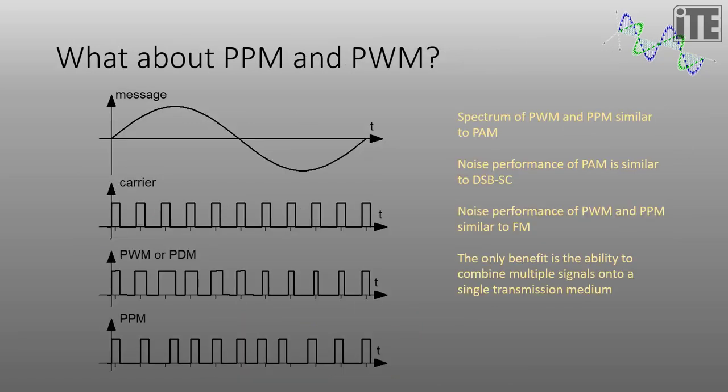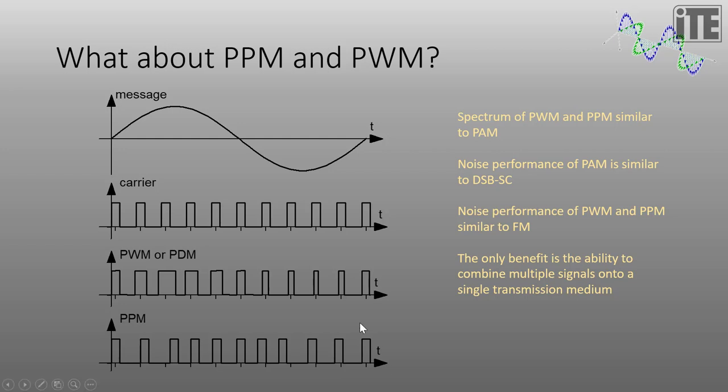What about pulse position modulation and pulse width modulation? Well, these are shown here. Let's say we have this sinusoidal message signal at the top and our carrier shown here. The first one is pulse width modulation, and you can see here that the width of the pulses varies linearly in accordance with the amplitude of the message signal.